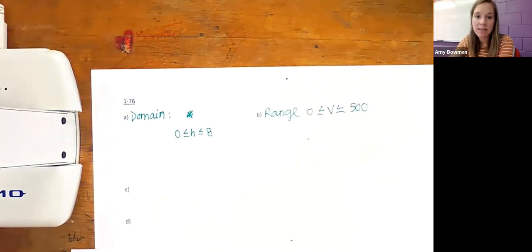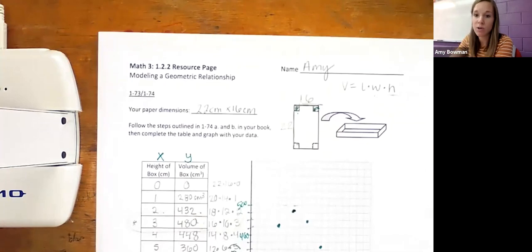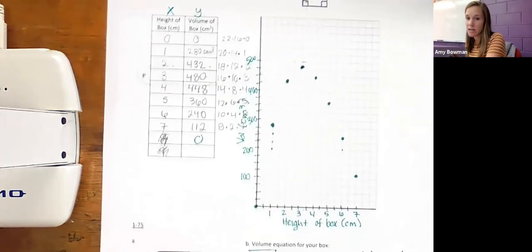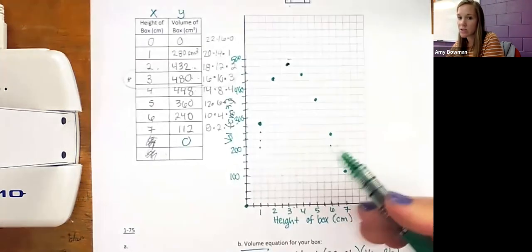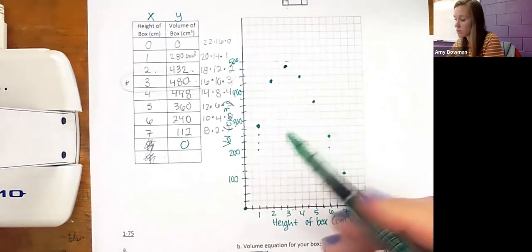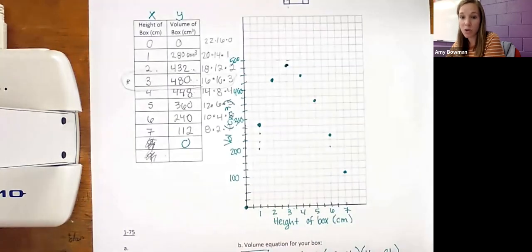So that's our limited range. Part C is asking, should you connect the points on your graph? That is, would you have a smooth curve? So can we represent the situation by connecting these points? How would you answer: could I have a height of something between 0 and 1 centimeters or between 1 and 2? Yeah, we could have partial centimeter heights.